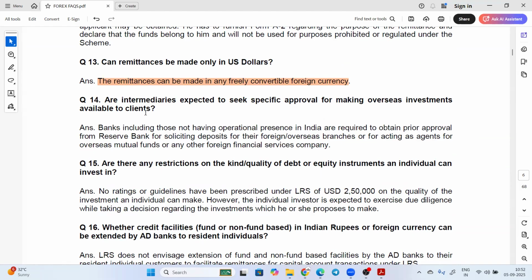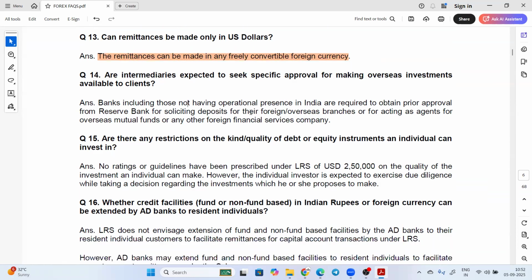Those banks which are not having operational presence in India, or the banks which are in India, have to take the prior approval from RBI for soliciting deposits for foreign or overseas branches or for acting as the agent for an overseas mutual fund or any other financial services company. So whatever intermediaries are there, they have to take RBI permission.